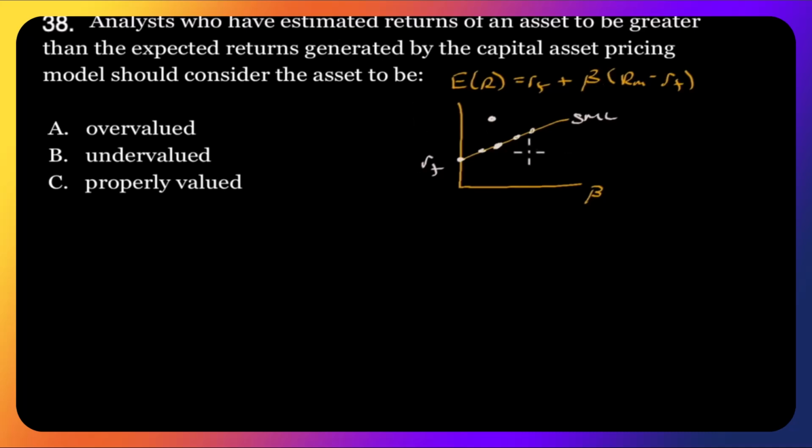Analysts who have estimated returns of an asset to be greater than the expected returns generated by the capital asset pricing model, in other words, up here, should consider the asset to be overvalued, undervalued, or properly valued. I think it's worth this. CAPM says it's worth this. CAPM is clearly undervaluing that asset.